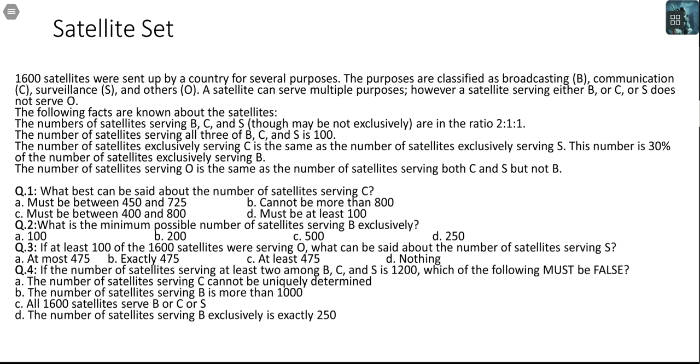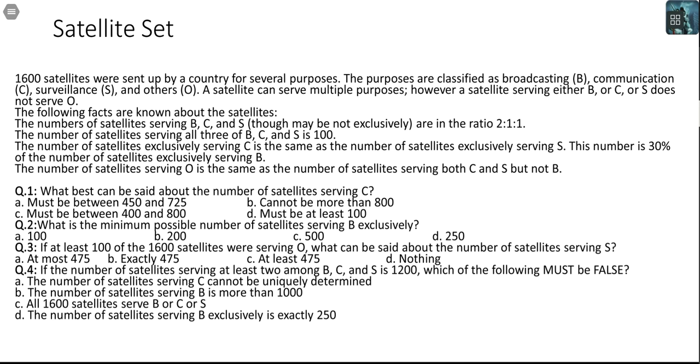The following facts are known about the satellites, and then there is information given. There is a lot of information given about overlap of B, C, and S, and some overlap between B, C, and whatever.